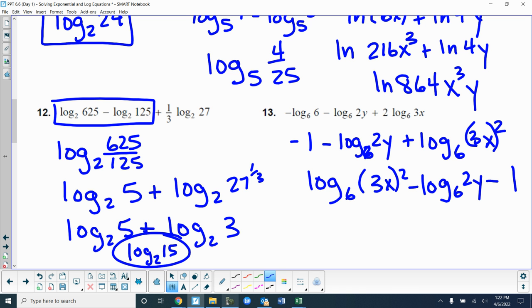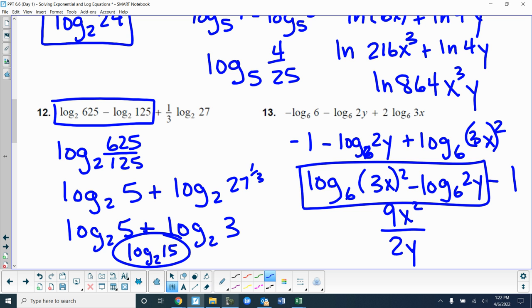Yeah. So since that's minus there, where's this 2y go? Well, minus, it comes in the bottom, right? Now I'm confusing myself. Why is the y on the bottom? Because it's division, right? Yeah. That minus turns into division.